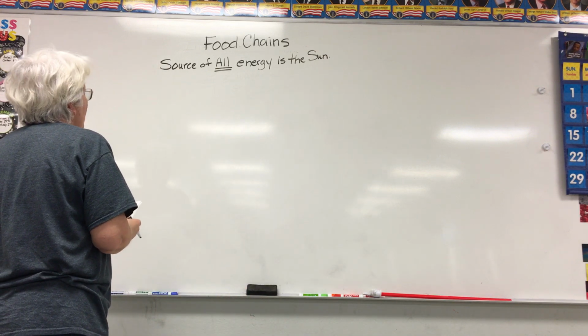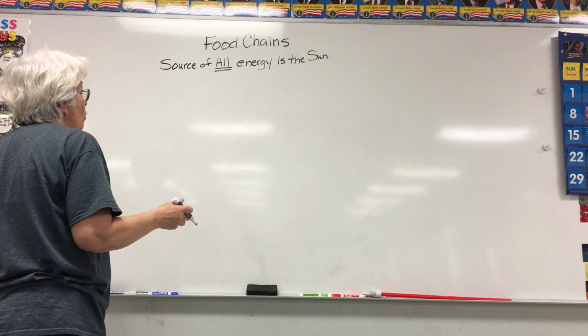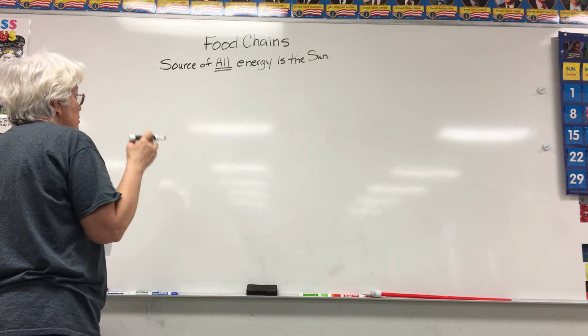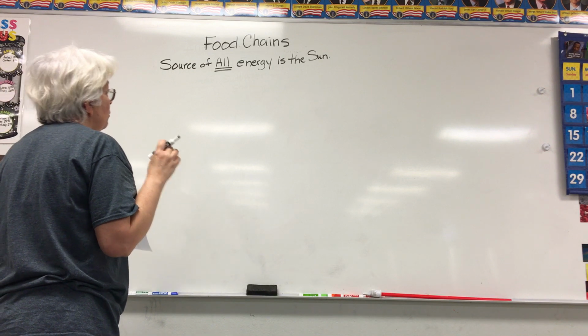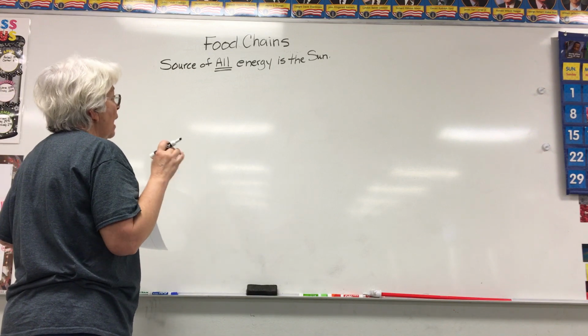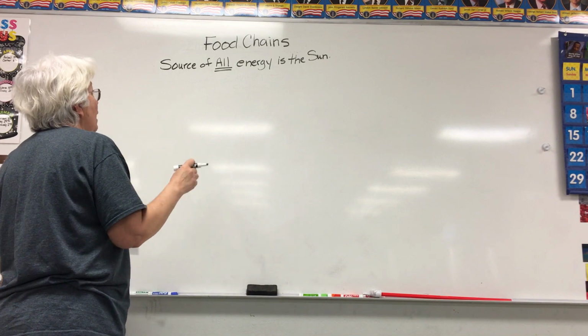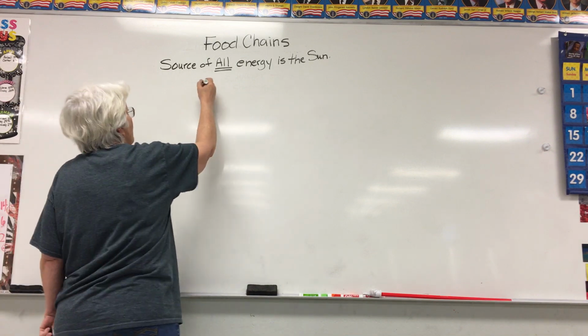What we're going to be talking about today is a little bit more about what we learned in interdependency: different producers and consumers can draw out a food chain. Well, what exactly is a food chain? We know what a chain is.